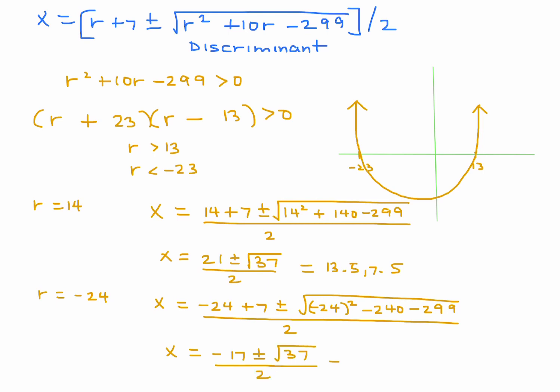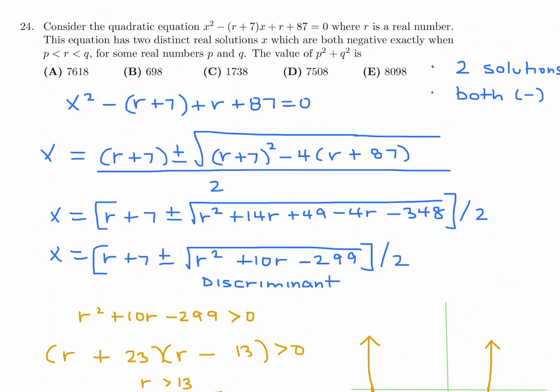So this gives me roots of minus 11.54 and minus 5.46. So there we go. We got two negative roots. So I am going to conclude that r is less than minus 23. All right, great. So r is less than minus 23.